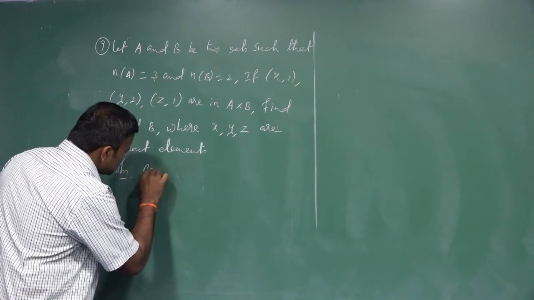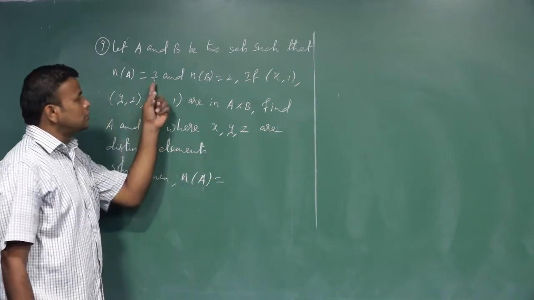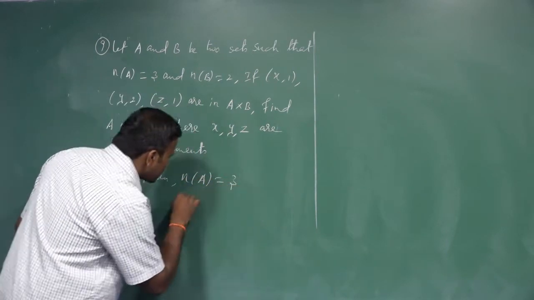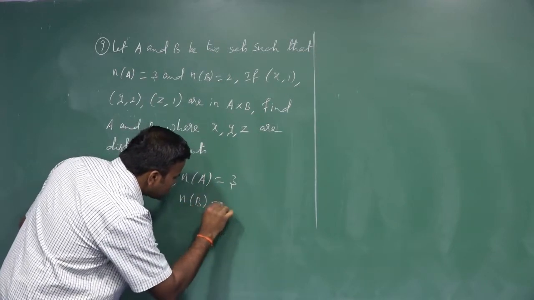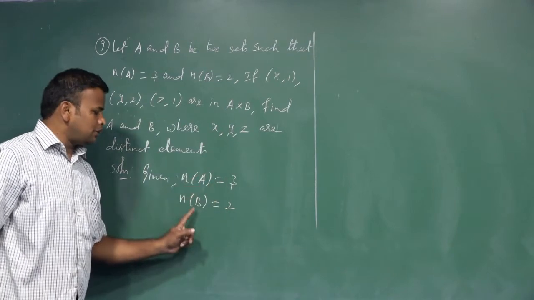First of all, we use some data given: n(A) is equal to 3 and n(B) is equal to 2. So A contains 3 elements and B contains 2 elements.